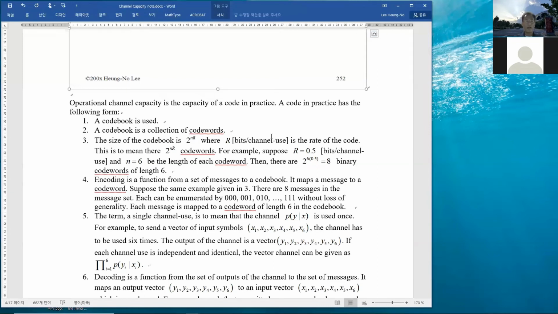So in the Hamming code case, the rate R is 4/7. You are sending 4 message bits, or information bits, per single vector channel use. In terms of per channel use, you have to divide it by 7. So the rate of the (7,4) Hamming code is 4/7.